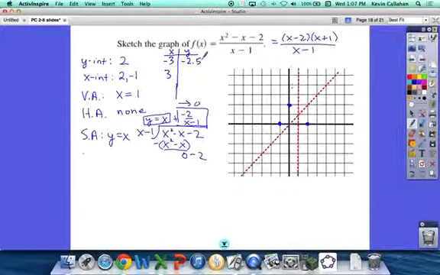If you're not sure, put it in the calculator, check my math. Right, that's about right there. And +3, 3 squared minus 3 minus 2, which would be 9 minus 3 minus 2, which is 4. 4 over 3 minus 1. 4 over 2, 2.